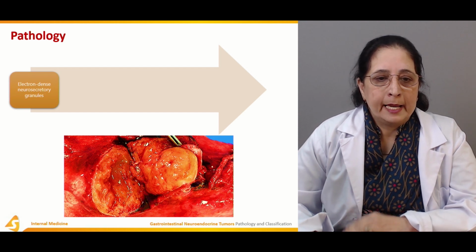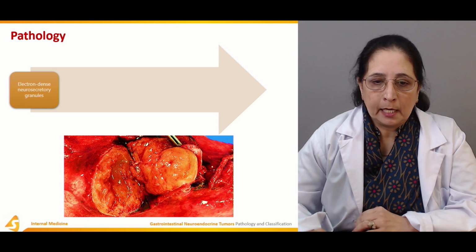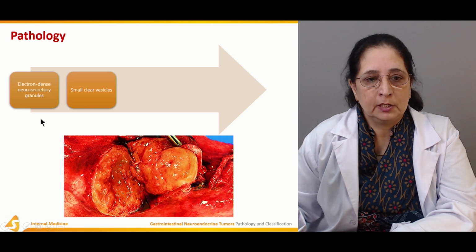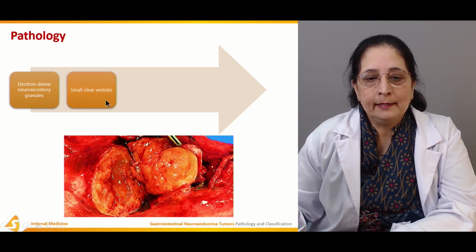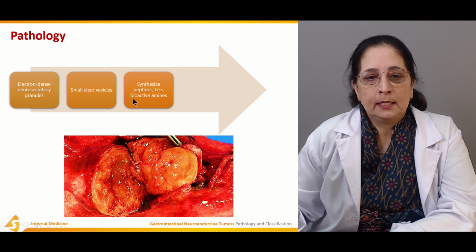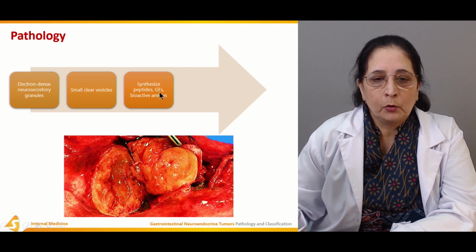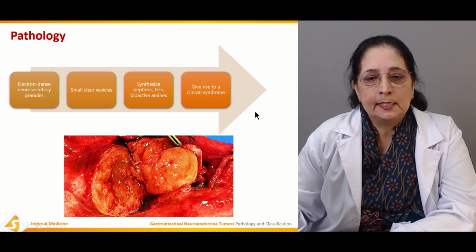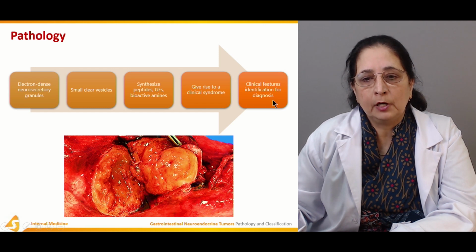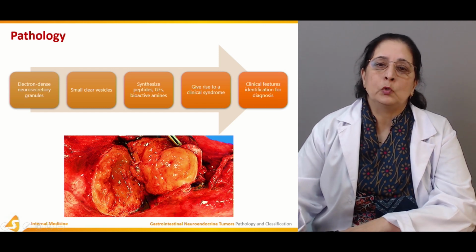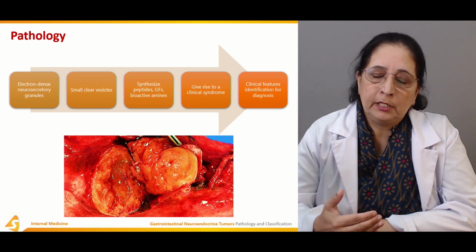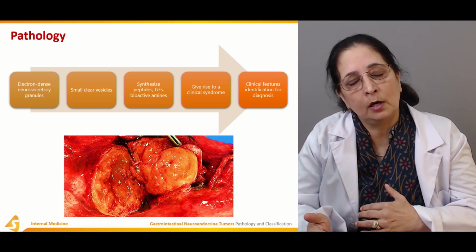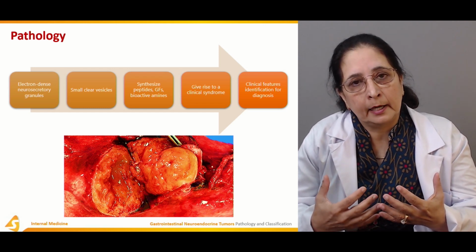Electron dense neurosecretory granules are present in these cells that cause production of the secretions. Small clear vesicles synthesize peptides, growth factors, and bioactive amines, which give rise to clinical syndromes, and clinical feature identification is important for diagnosis. So among other pathological features, we already said that silver staining is used for identification.